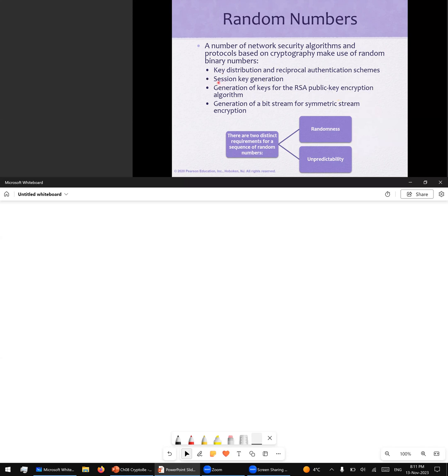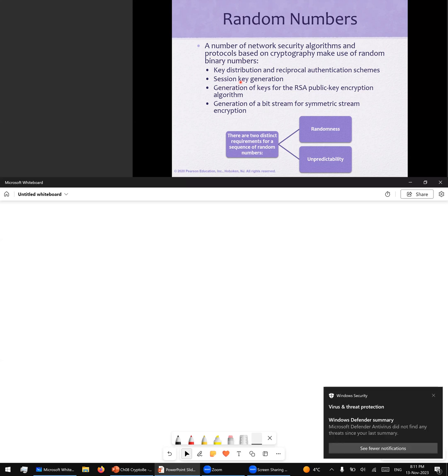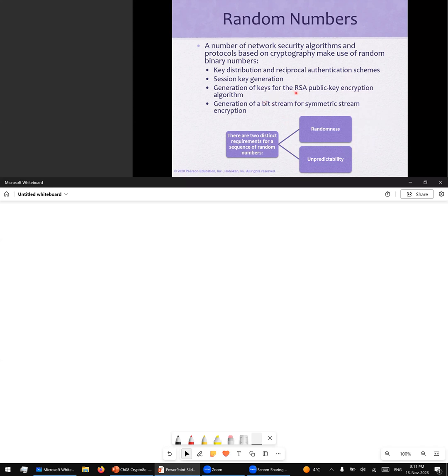One of the other things that we have is the session key generation, which again touches on the topic of keys that are going to be used in AES and DES and any other symmetric key protocol that you can think of. We talked last week about some stuff on RSA. We introduced the algorithm. So generating the keys, if you recall, the public key and the private key, is again another topic where random numbers come in and how to generate those random numbers.